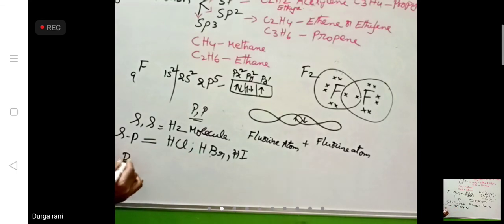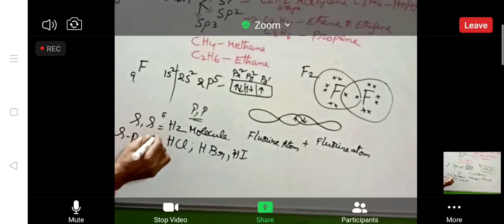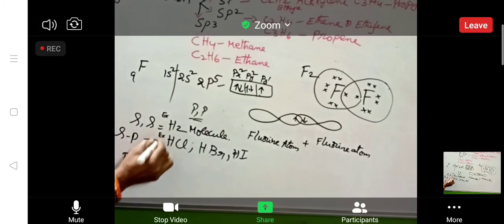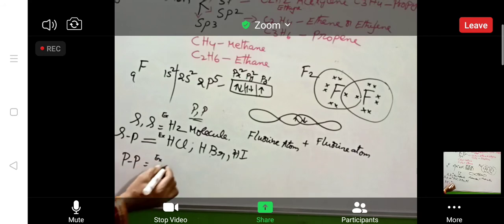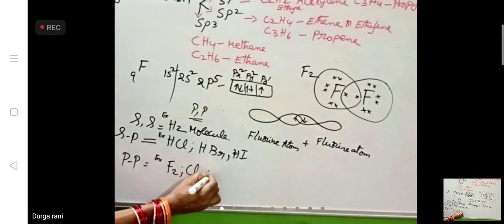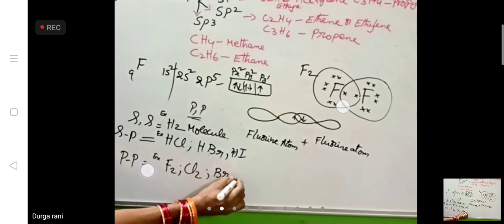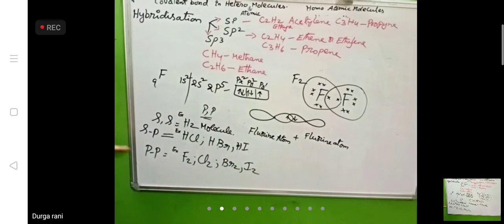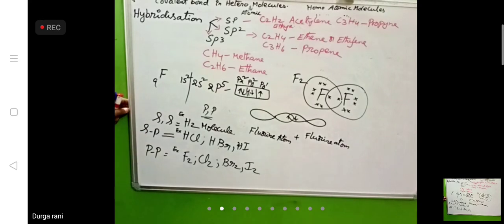Next, PP overlap. For that examples are F2 molecule, Cl2 molecule, Br2 molecule, I2 molecule. These are all PP overlap. Is it clear?